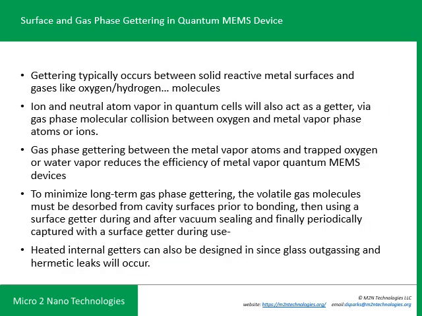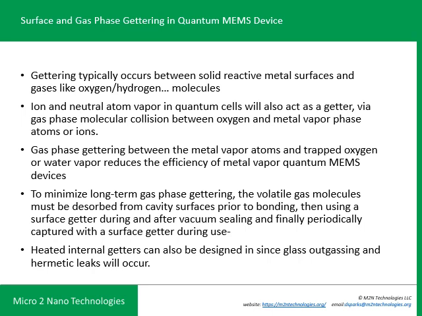Now, we talked about gettering just briefly. A getter is a reactive metal that, when heated, will absorb gases like oxygen, hydrogen, water vapor, carbon dioxide, carbon monoxide. And again, that's needed to prevent the neutral or ionized metal vapor from reacting with trapped gases. Before the bonding, gases adhere to the surfaces of everything.